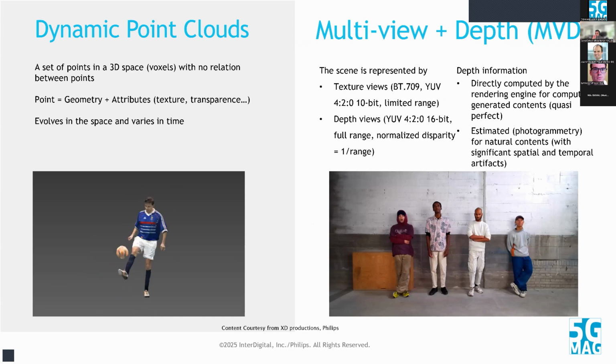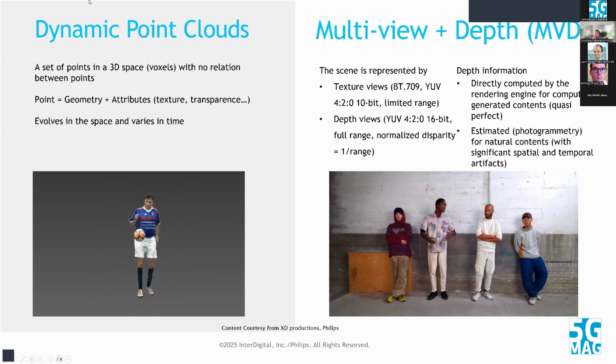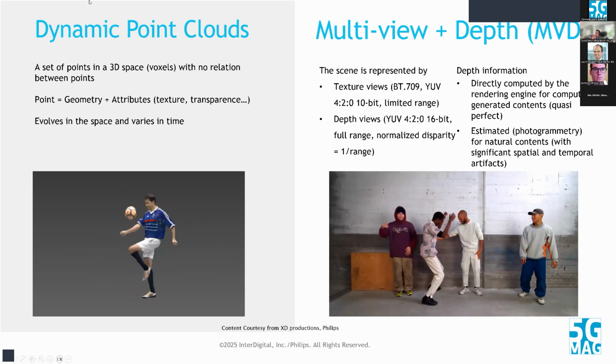As an example of the formats, the point cloud format is well known as dynamic point cloud. For every frame, there's a collection of points with positions and colors, and possibly other attributes, and then you have multiple frames.